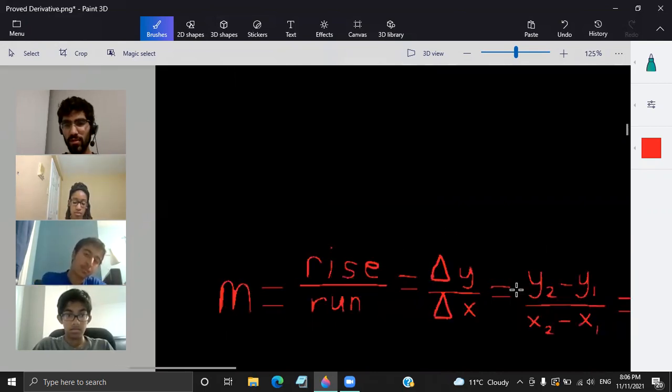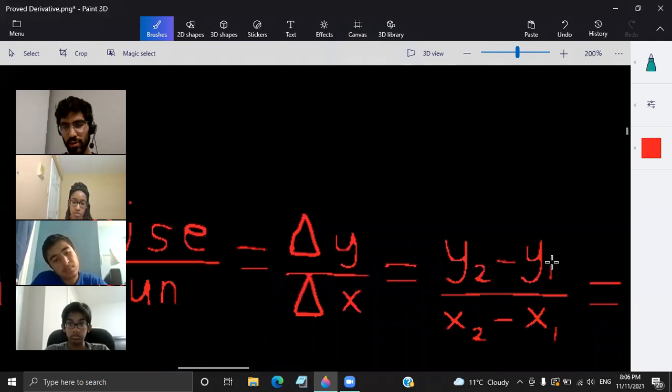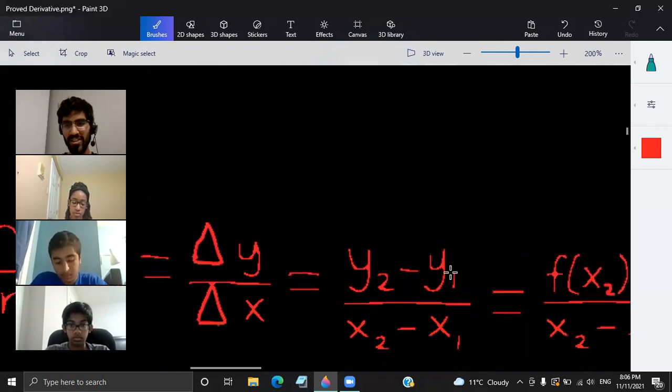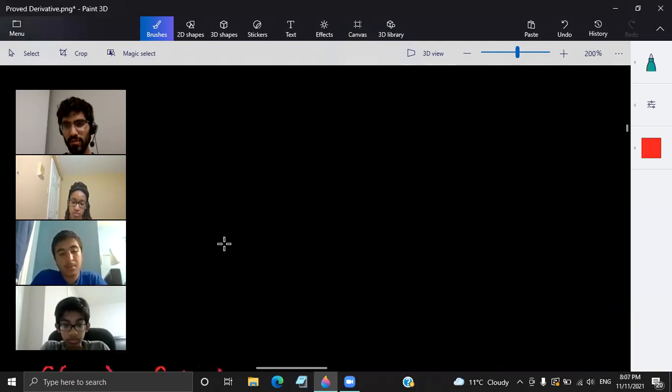And the way we can write that is, we take the y value of point number 2, subtract the y value of point number 1, that's the change in y, and then same thing for the x's. Or in a more convoluted notation, this is the function's output, f of x2, minus f of x1, the other function output.